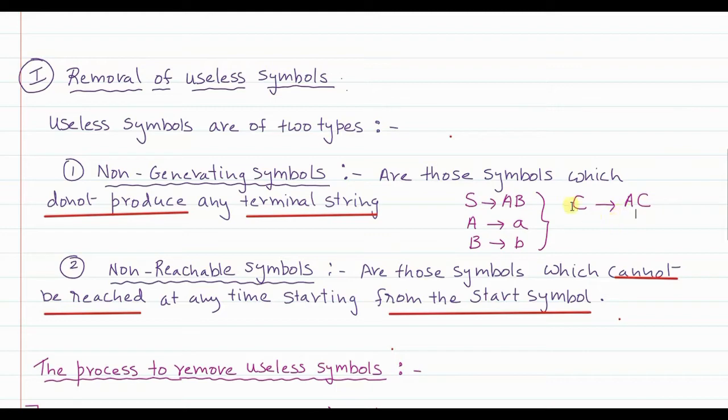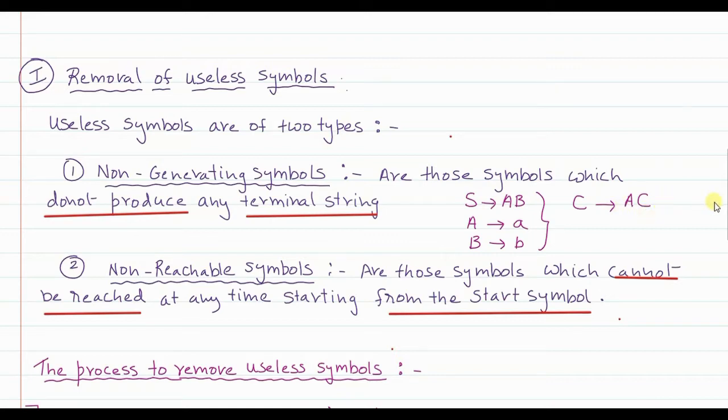So at any point of time, C won't be able to replace itself with some terminal string by extinguishing C itself. So that's why C is also a non-generating symbol, because C is not able to replace itself with a terminal string. C very well can replace itself with two other non-terminals A and C and nothing else.